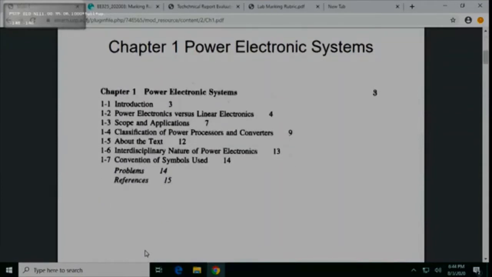Chapter 1 talks about introduction, power electronics versus linear electronics, scope and applications, classification of power processors and converters, and then some more things about power electronics.